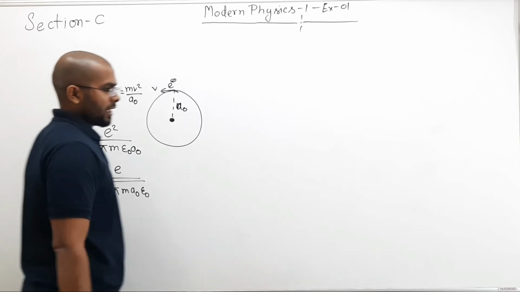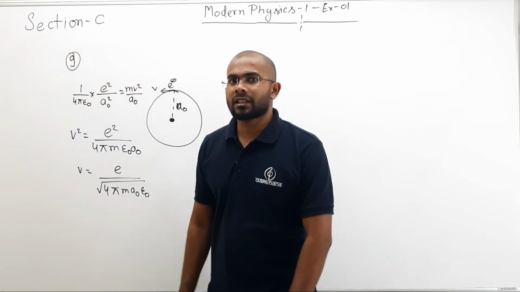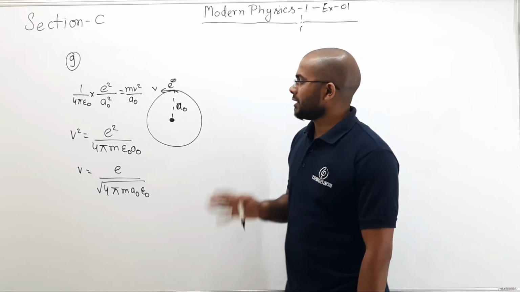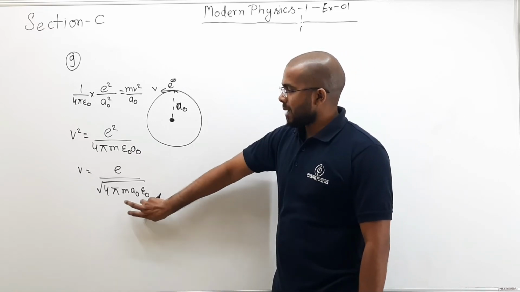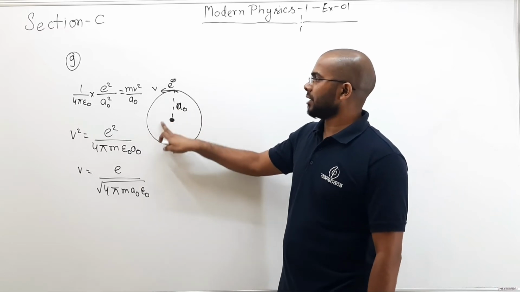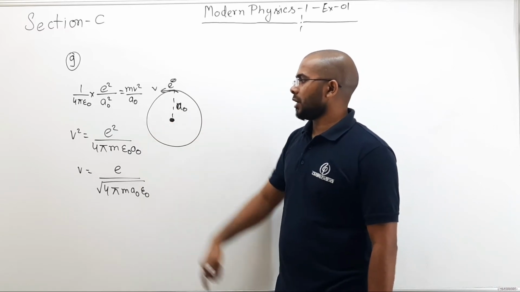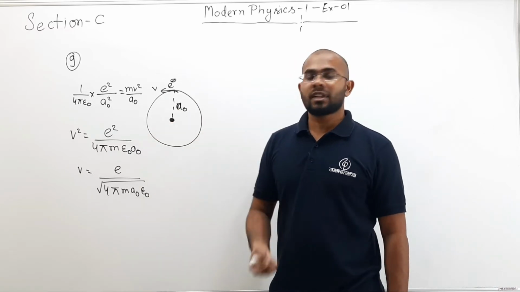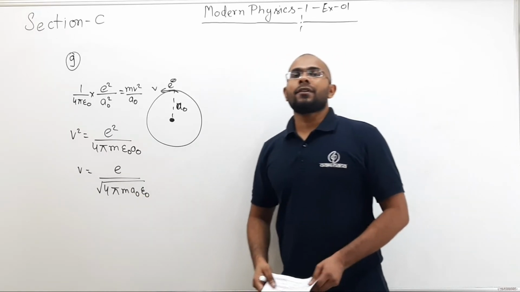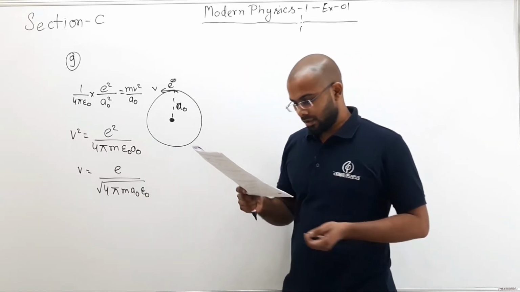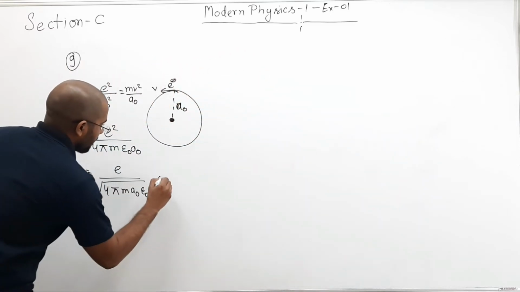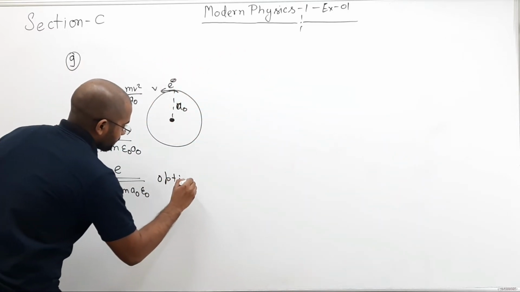This is the speed of the electron in the ground state of hydrogen atom, where m is the mass of the electron, A0 is the radius of the ground state, epsilon naught is the permittivity of free space, and e is the magnitude of charge on the electron. So option number 3 is the correct choice.